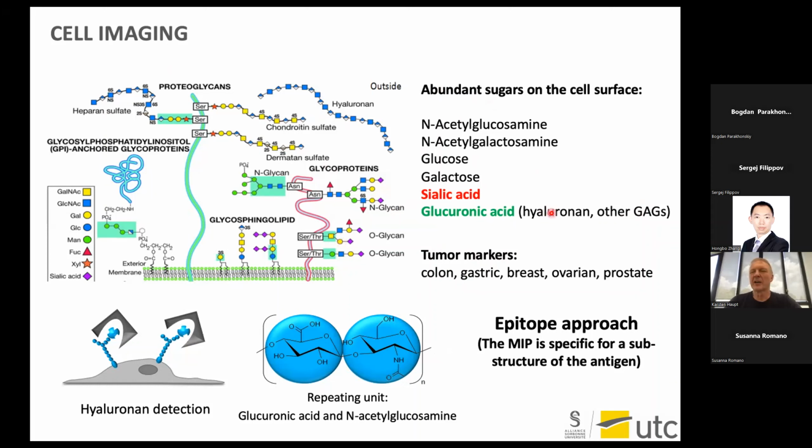For example, for the hyaluronic acid, we just use a monomer of it, which is glucuronic acid and N-acetylglucosamine. So we made an imprint against glucuronic acid in order to use, again, the epitope imprinting approach and make synthetic antibodies.